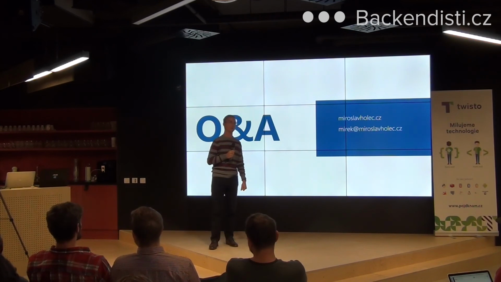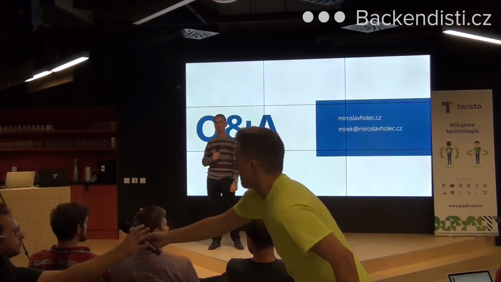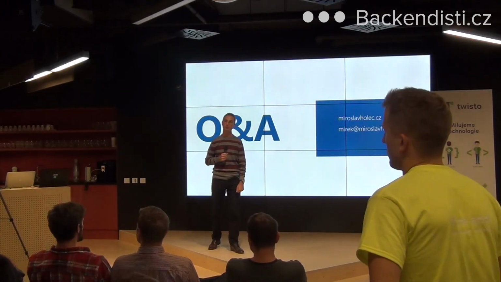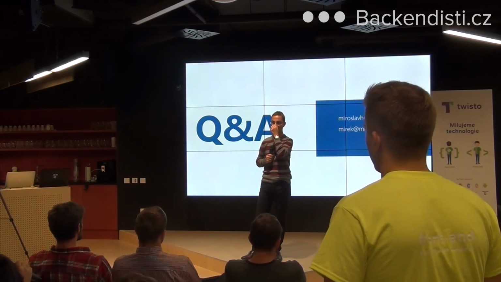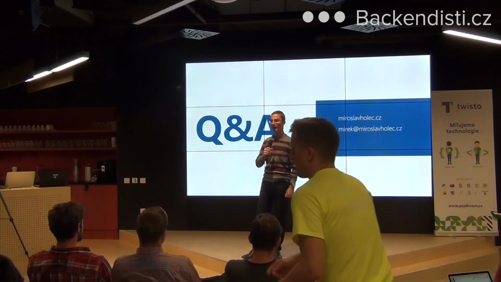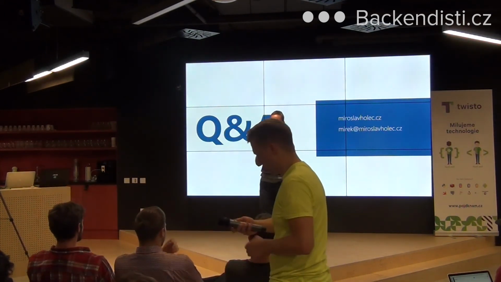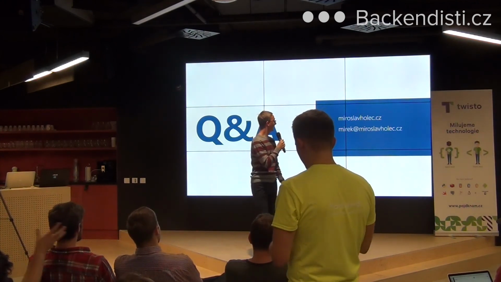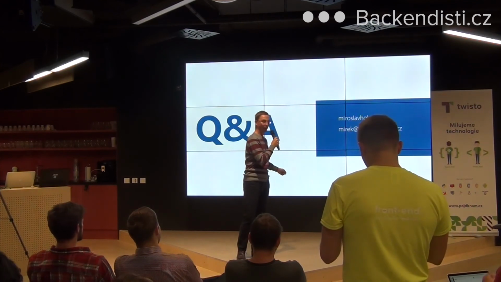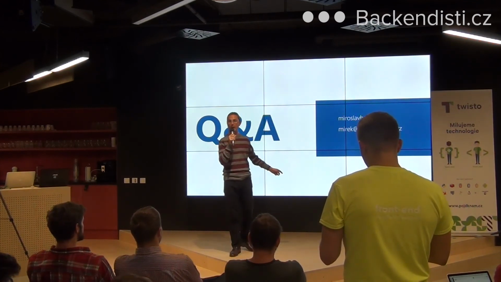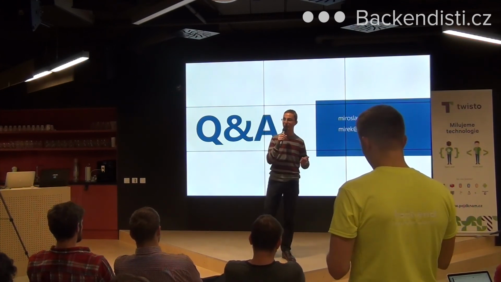Any other question? There was an AngularJS logo among backend technologies. Can you explain it? You saw Angular? On the slides. Yeah, because I talked about front-end and back-end technologies.